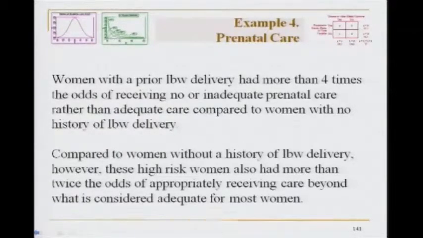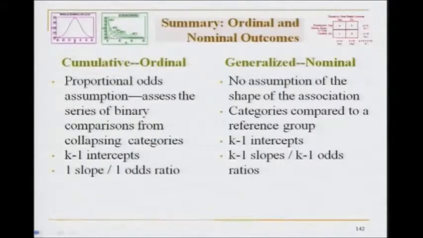And I think this top piece is really important. They're both important, but I think that top piece is really important. Just a summary of this. And just to remind you about the proportional odds assumption or no proportional odds assumption: one slope parameter versus k-1 slope parameters, both having k-1 intercept terms.